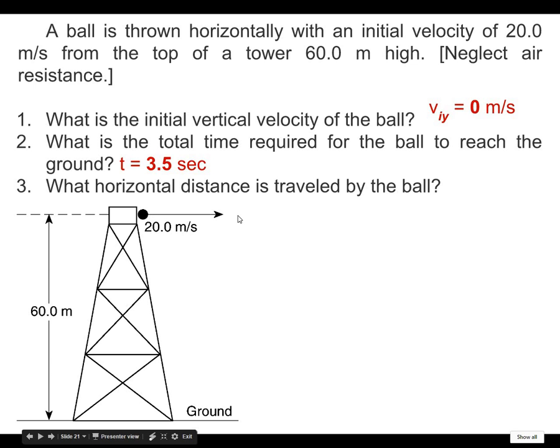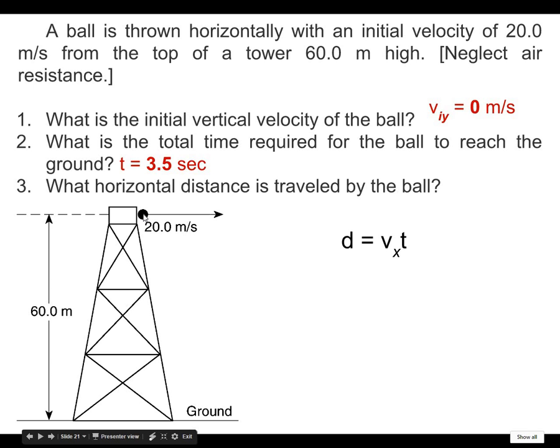So now it's time to calculate the horizontal distance traveled by the ball. Once our ball is thrown away horizontally, it's given an initial push, and now it's moving at 20 meters per second. If there is no force acting on the ball and we're neglecting air resistance, then this ball will continue to move at a constant velocity.